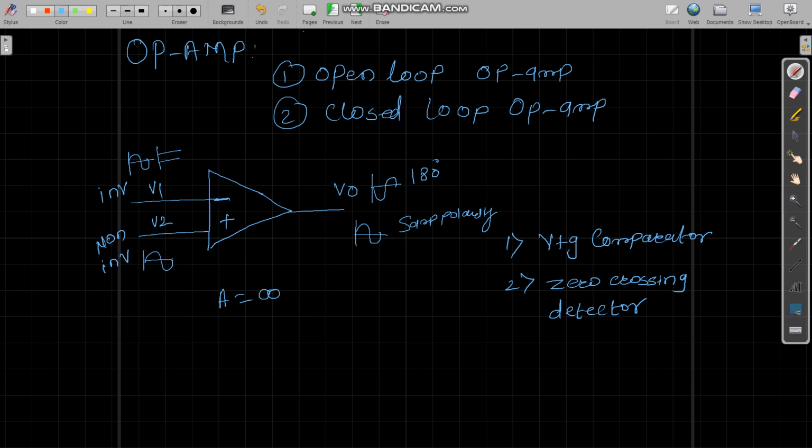Therefore, whatever the output voltage comes, it will be either at positive VSAT or at negative VSAT. That means when V1 is greater than V2, your output will be minus VSAT, and when V1 is less than V2, then your output voltage will be plus VSAT.